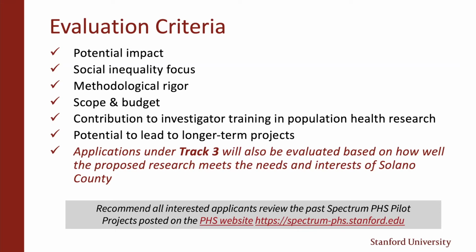Does the project have the potential to generate knowledge that will reduce social inequalities in health? The faculty review committee will also look at the methodological rigor of the project and study design. Do the methods have the potential to produce robust and reproducible knowledge? That is a key area of interest.